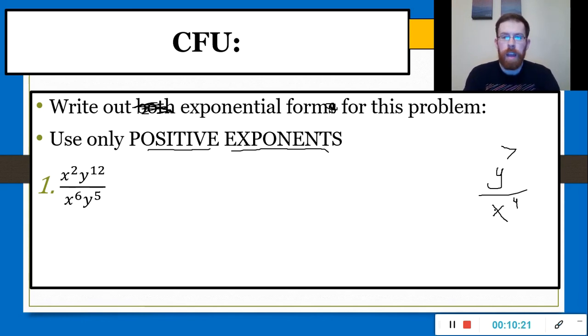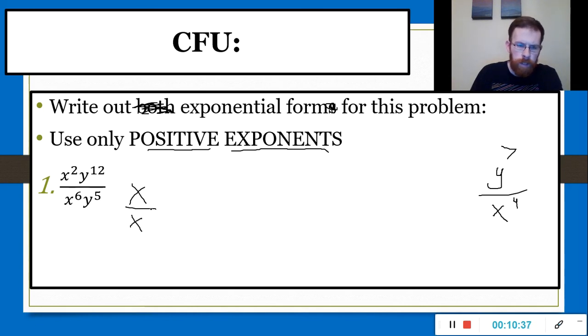But if you want to see how to do this one, you got to break it down into two different cases. You've got your x's, you have your y's, and do those subtractions individually. Think of it like this. I've got x to the 6 under x squared times y to the 12th over y to the 5th.